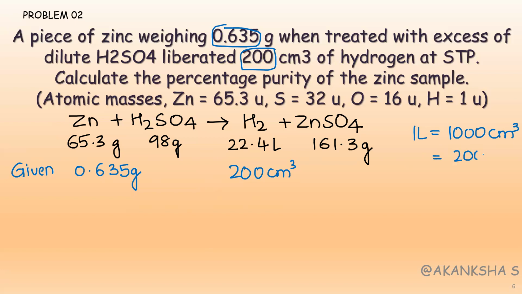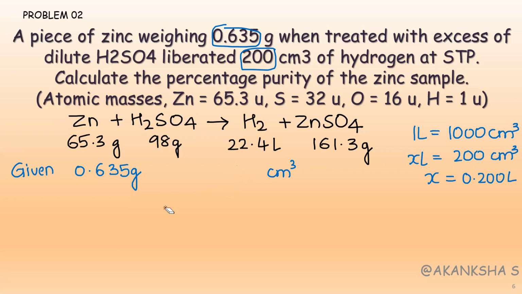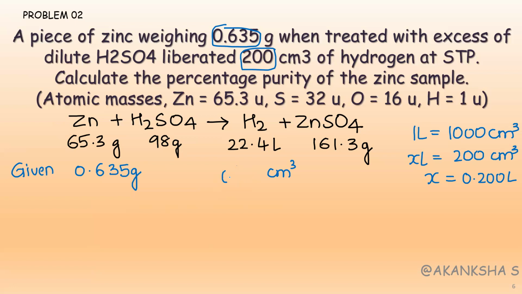So 200 centimeter cube equals x liter. Cross multiply, and it would be 0.200 liter. So we can write either 200 centimeter cube, or directly present it in liters: 0.2 liters.